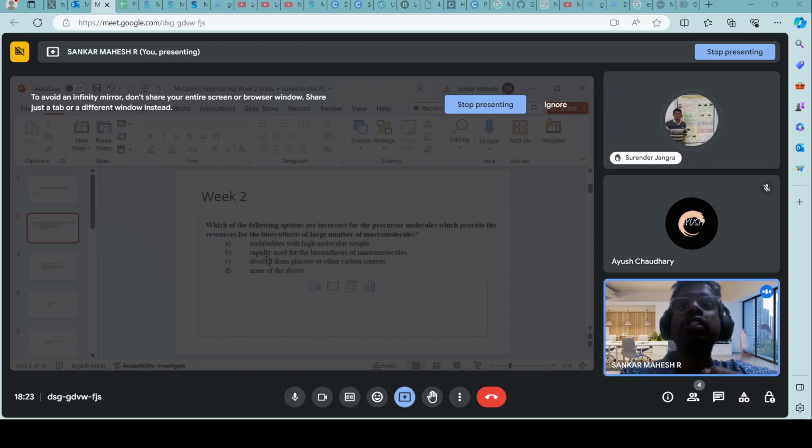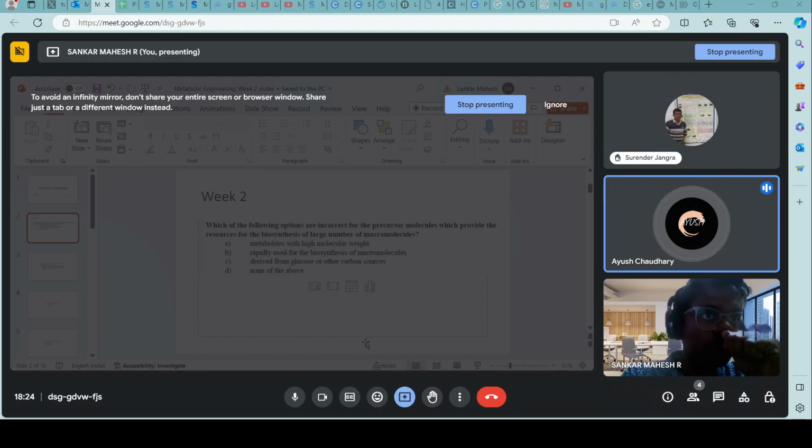The question is which of the options are incorrect? Ayush, incorrect. It is A, because precursor metabolic molecules don't have higher molecular weight.